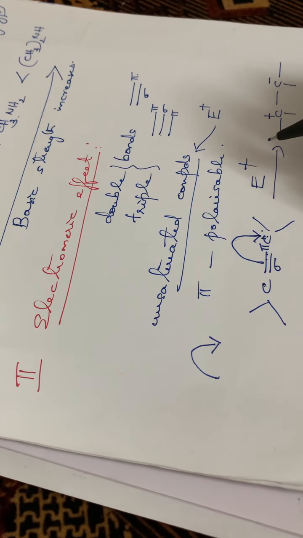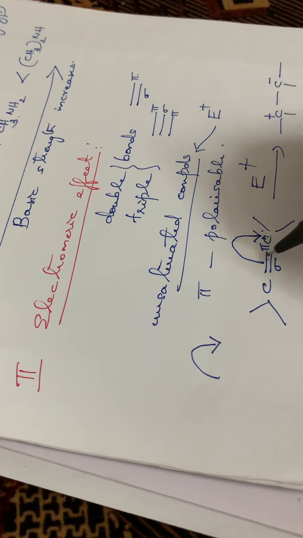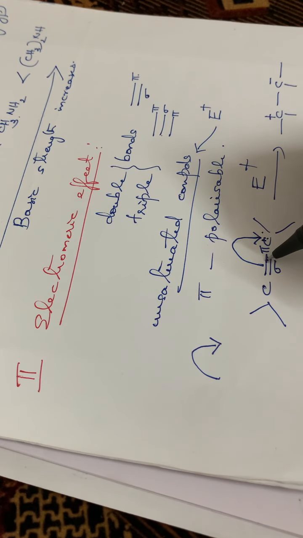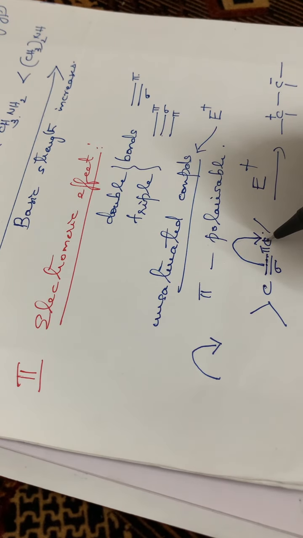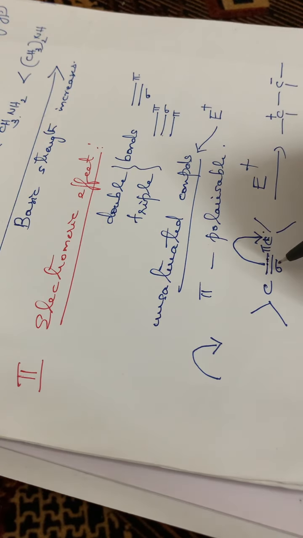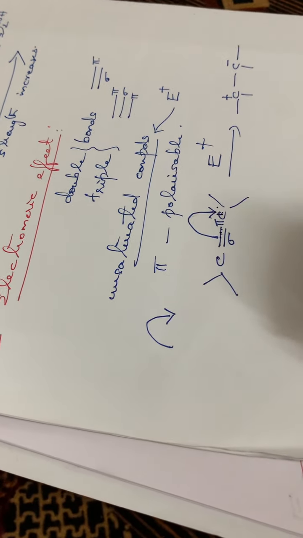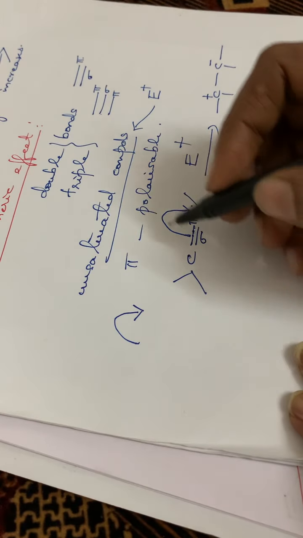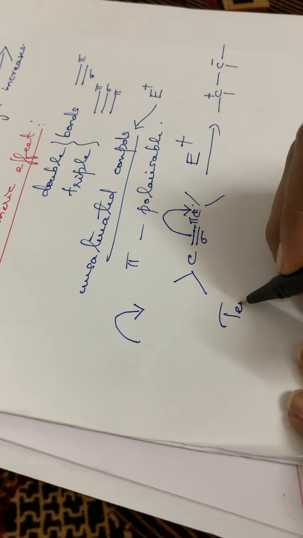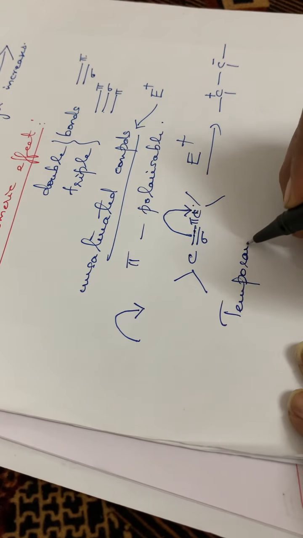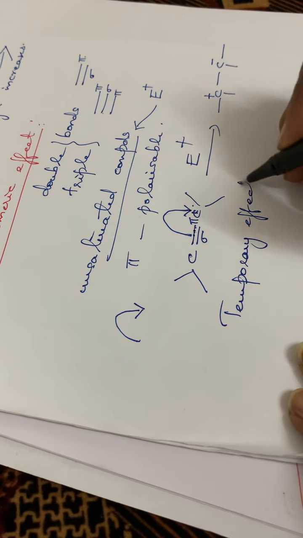So in the case of unsaturated compounds, if an electrophile attacks, the pi bond is completely transferred to one of the atoms. Also, the inductive effect is a permanent effect, but the electromeric effect is a temporary effect.